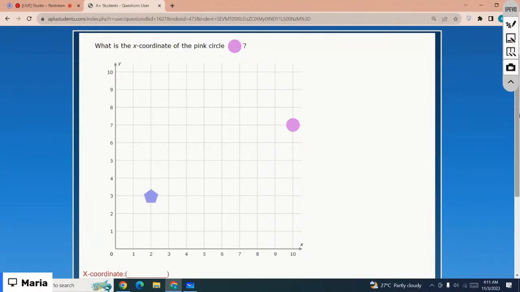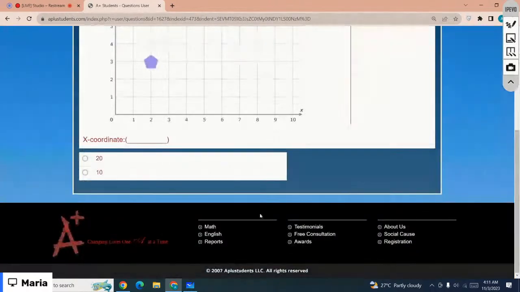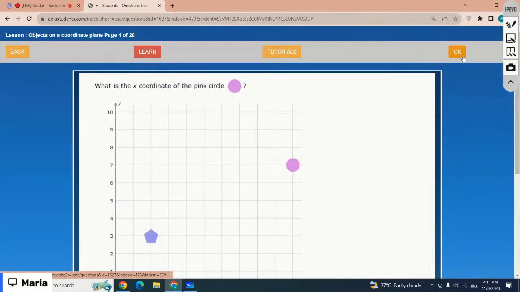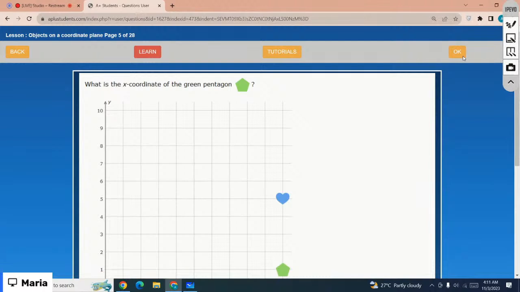The x coordinate of the pink circle is, just match it to the x-axis, it would be 10. Okay, where is the x coordinate of the green pentagon?